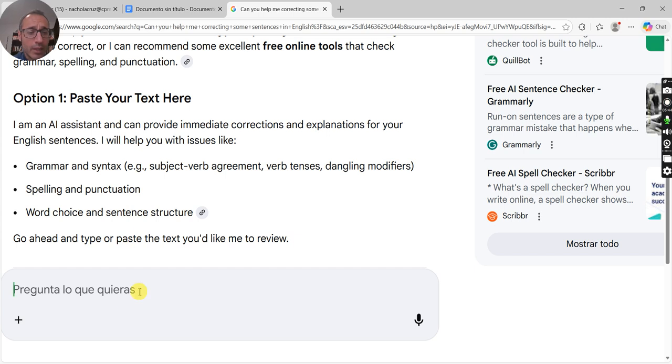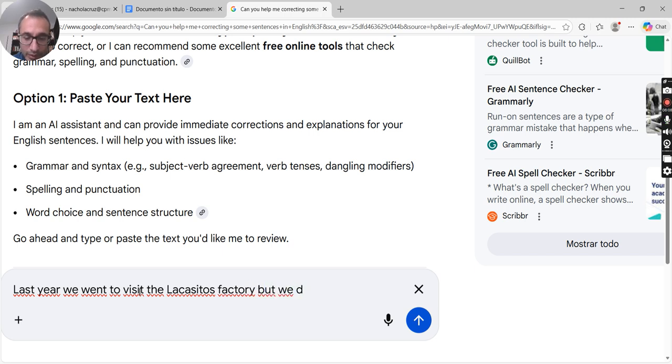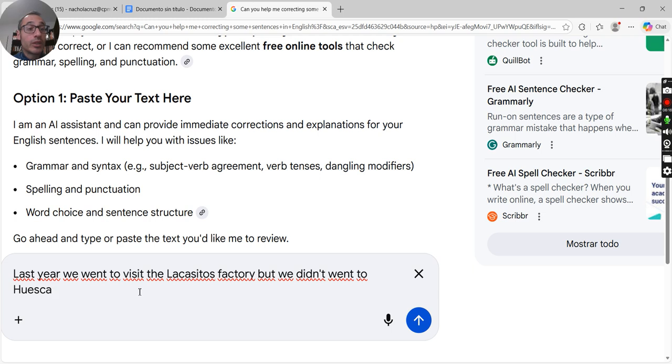So for example, imagine I put the Lacasitos thing again: last year we went to visit the Lacasitos factory, but we didn't... imagine I write I didn't went to Huesca. This is the same, but I'm just putting in a mistake, okay? So that's why you can use it. You just write your own sentence, and artificial intelligence will correct it.